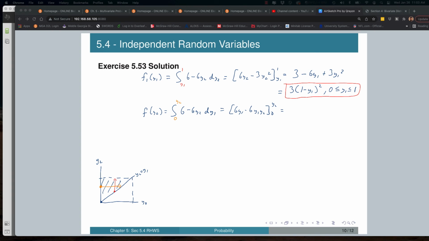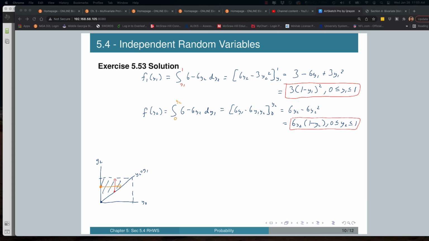So we end up getting 6y sub 2 minus 6y sub 2 squared, which just equals 6y sub 2 times 1 minus y sub 2, from 0 less than or equal to y sub 2 less than or equal to 1. And we got our marginal probability distribution.